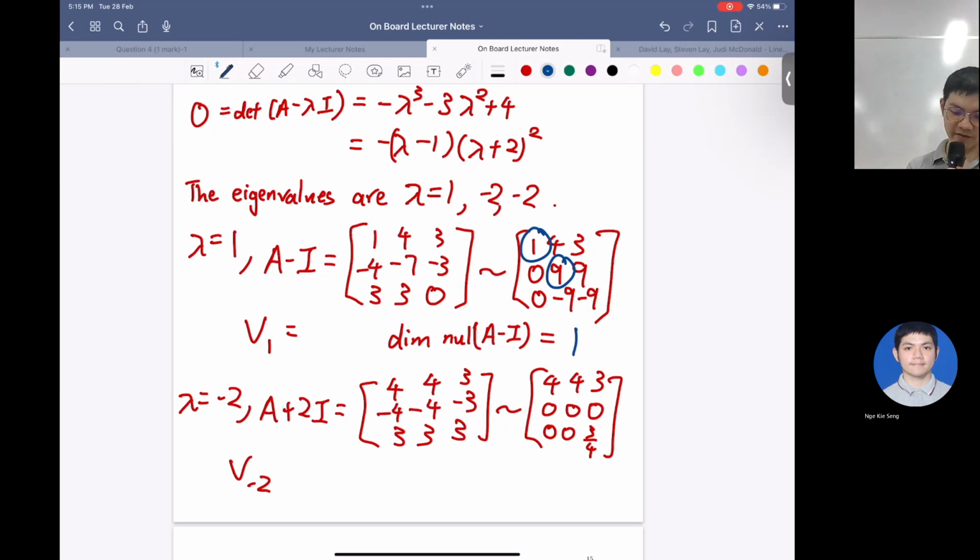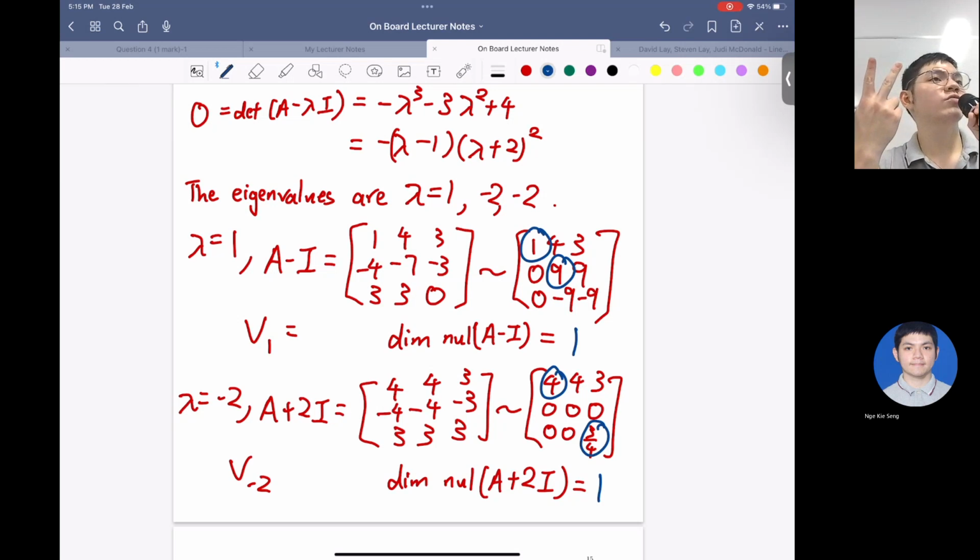One. Okay. What's the dimension of the null space of A plus 2I? How many people here? Okay. So you can only find two vectors here, no matter how you find.